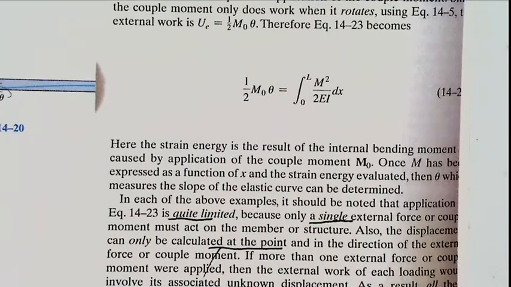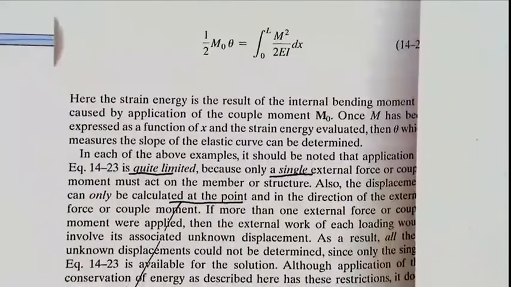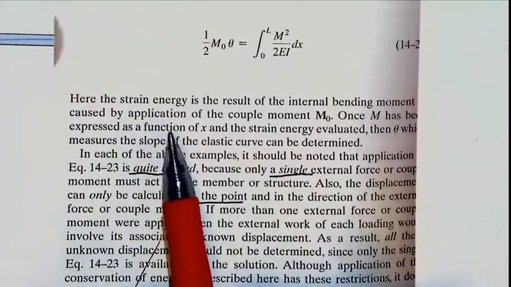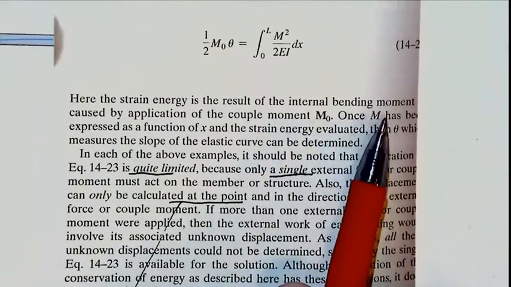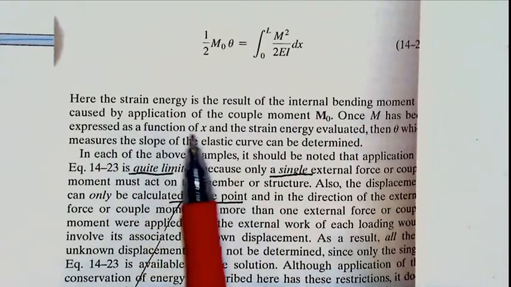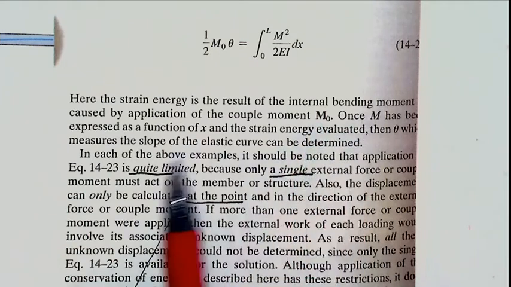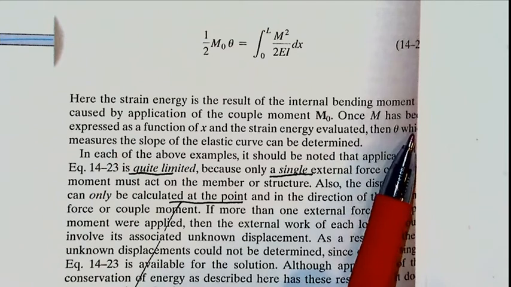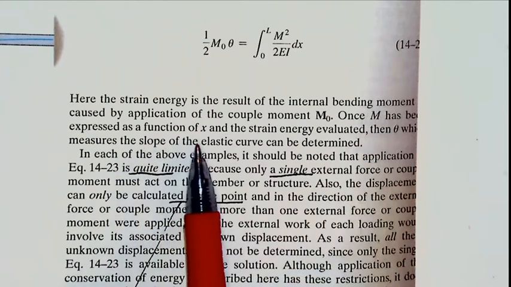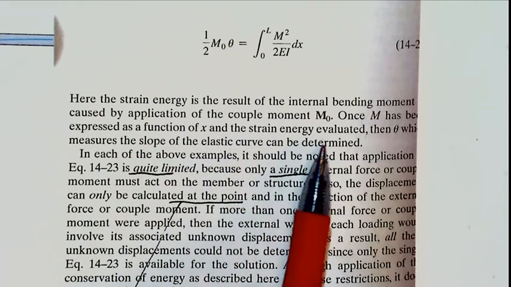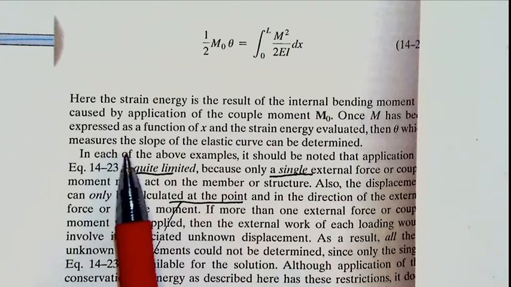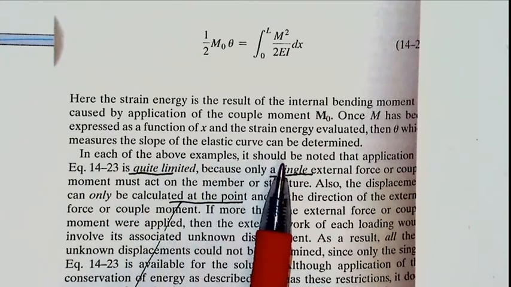Okay, so as we say, strain energy is a result of the internal bending moment caused by application of the couple moment m sub 0. Once m has become expressed as a function of x and strain energy evaluated, then theta, the measure of slope, can be determined.